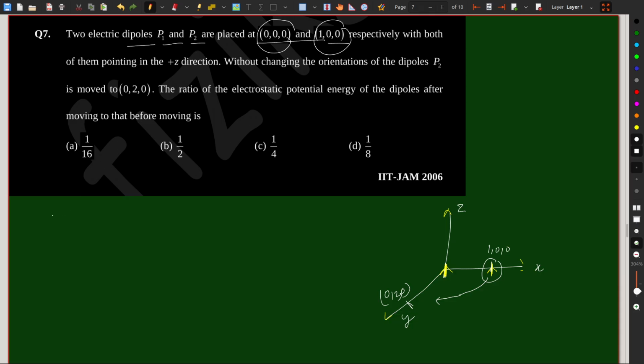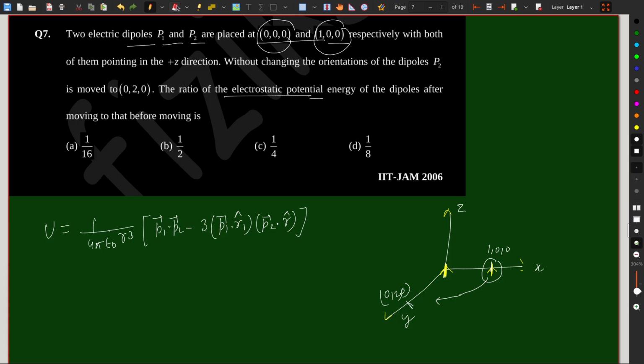So the electrostatic energy between two dipoles is given by U equals 1 over 4 pi epsilon naught r cube times [P1 dot P2 minus 3 (P1 dot r cap)(P2 dot r cap)].